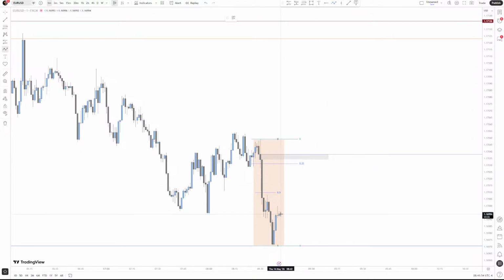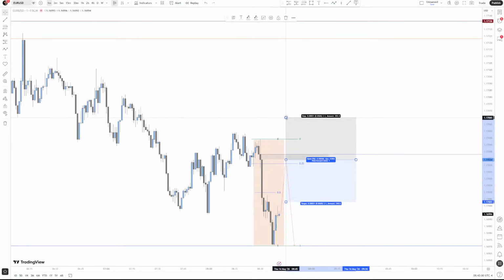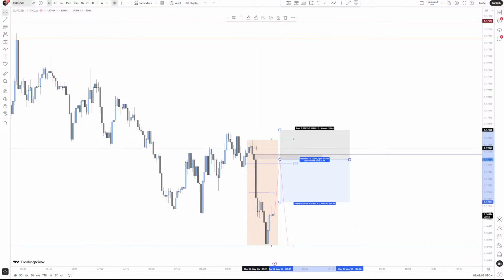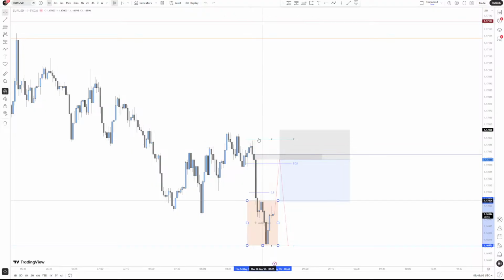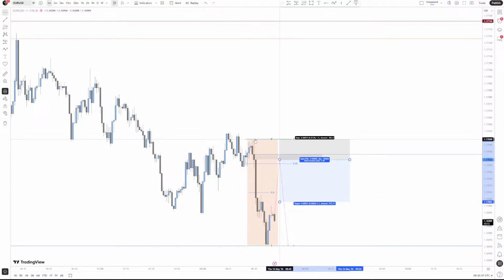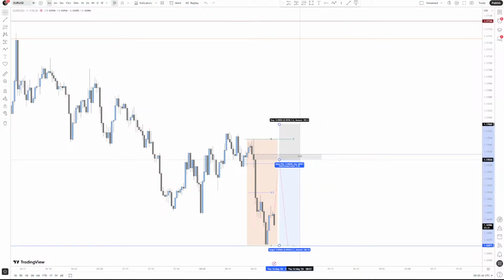So essentially, we're looking for a pullback to this area to then sell these relative equal lows, which would be my broker, something like this.